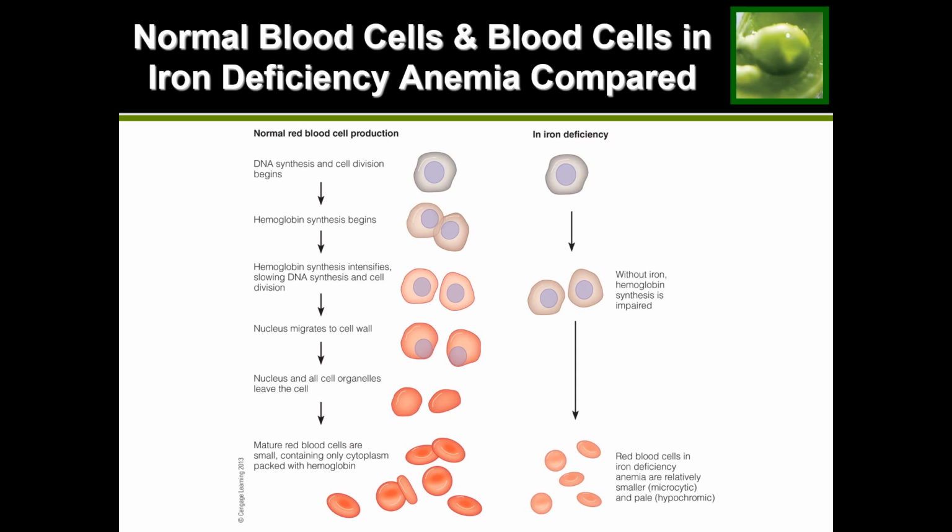But then when someone has an iron deficiency, what happens is when the cell splits apart and normally would begin synthesizing and intensifying hemoglobin, it doesn't have much hemoglobin to work with because we don't have iron to complete the hemoglobin. And so you end up with these really small, pale cells, since hemoglobin is what gives it its color. And without much hemoglobin in there, the red blood cells are not going to be carrying enough oxygen.